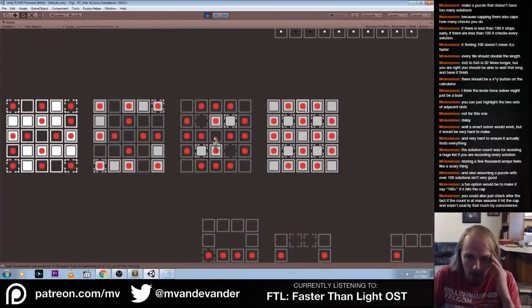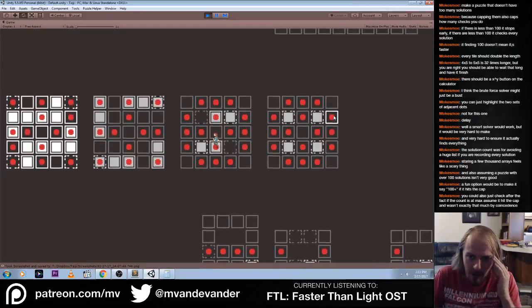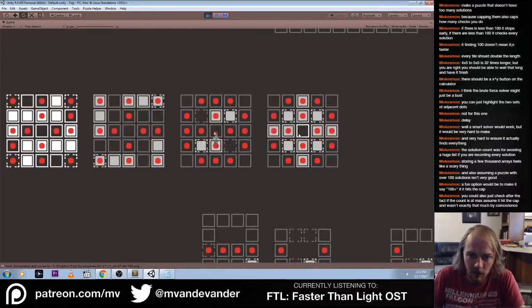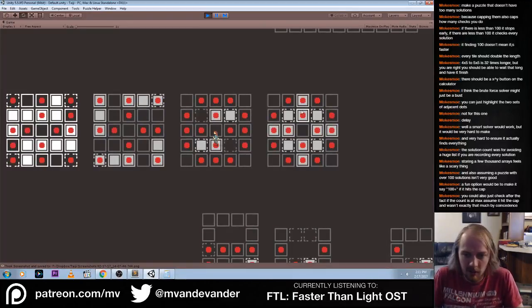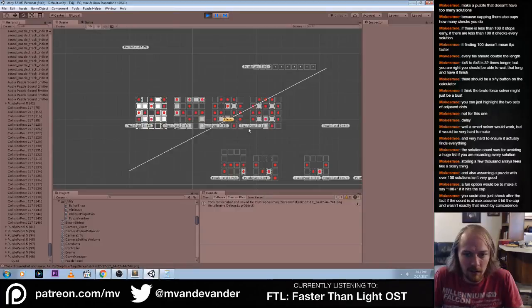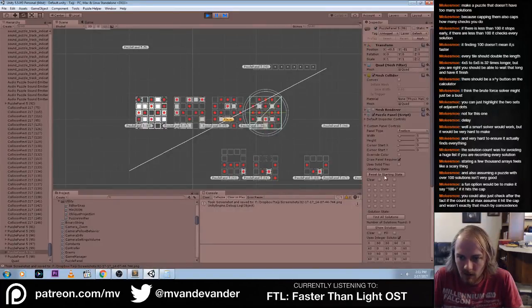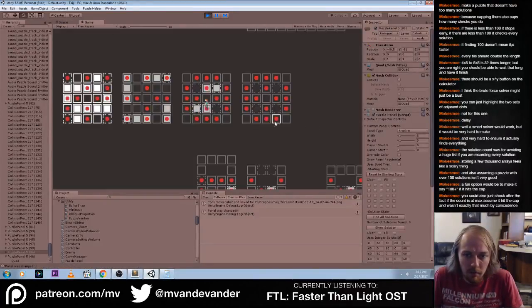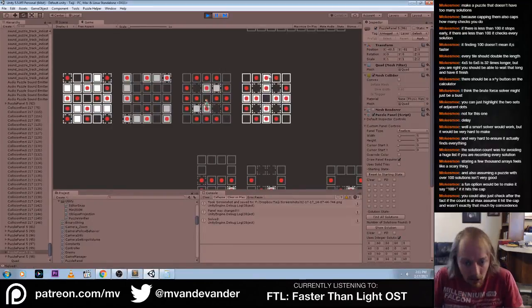So I know this one only had one, which is that. Uh-oh. Did I break the solution checker? Oh, no. I just broke this puzzle, because the solution checker doesn't ignore locked tiles still, so that's the problem. Anyway, that's fine. So that one only had one.